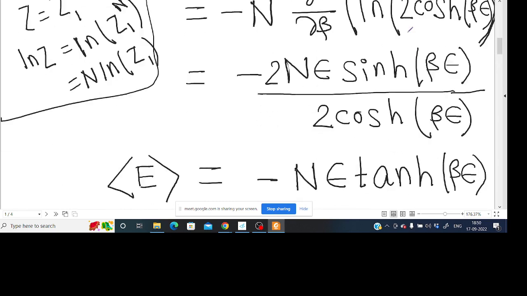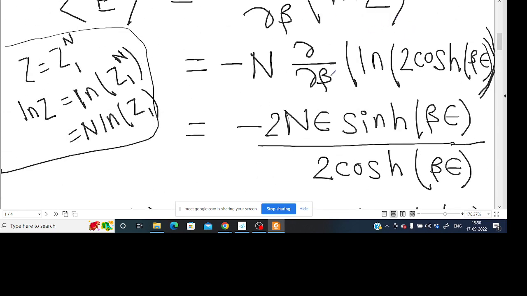Now let's differentiate it with respect to beta. If you differentiate log of x with respect to x, then you will get 1 by x. So here we are getting 1 by 2 cos hyperbolic beta epsilon. Now you have to differentiate 2 cos hyperbolic beta epsilon with respect to beta.